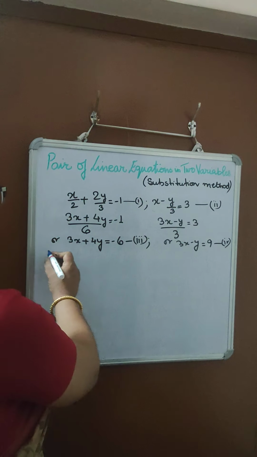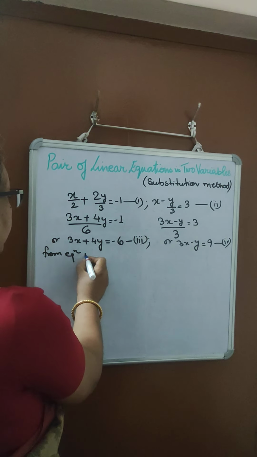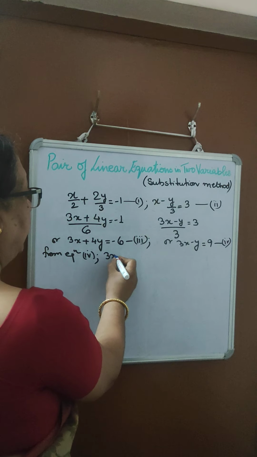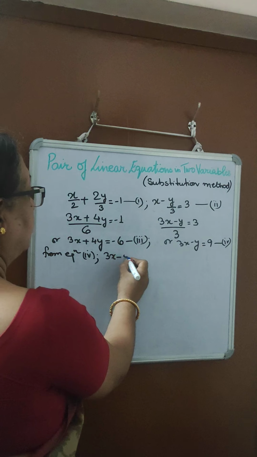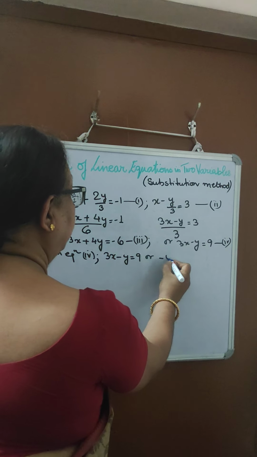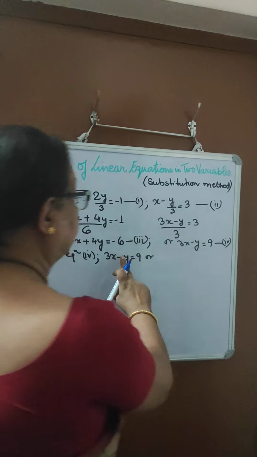So we can write from equation 4, 3x minus y equal to 9, or minus y, you can take y on the other side.